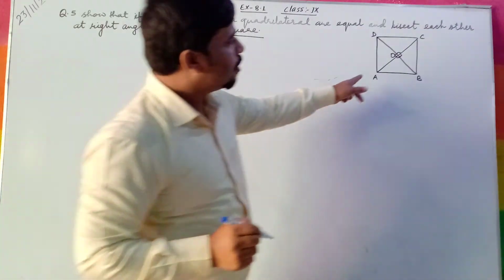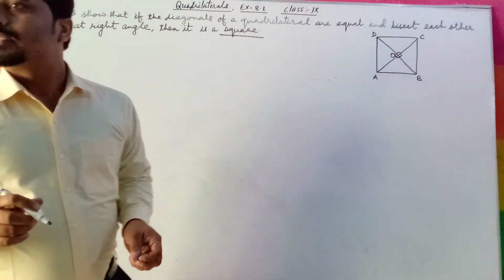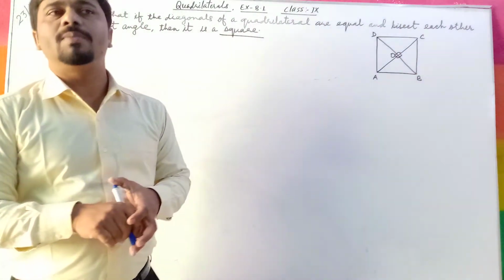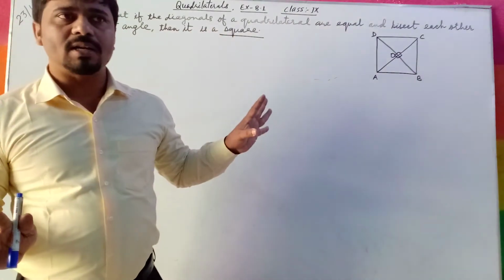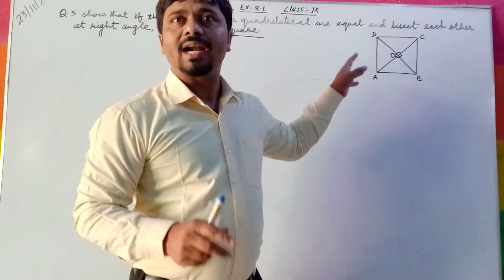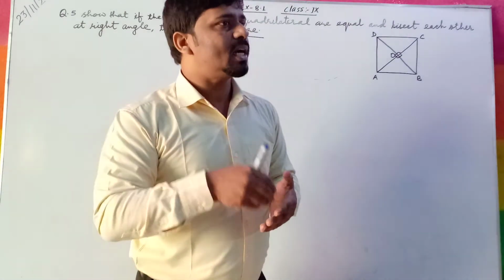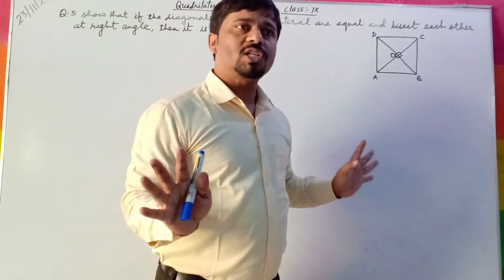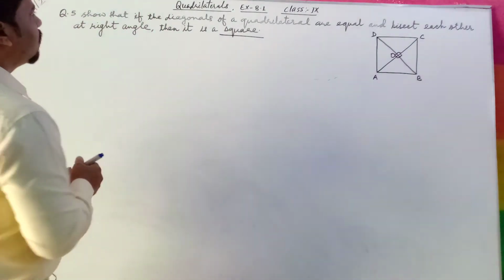So ABCD is a quadrilateral. Here the introduction of this diagram will be, we will write: let ABCD be a quadrilateral in which AC and BD are diagonals which are equal and bisect each other at right angles. This is the introduction of this diagram. After that, what will we prove?